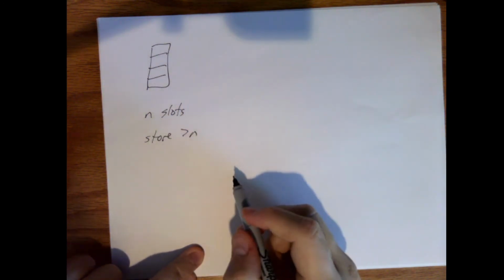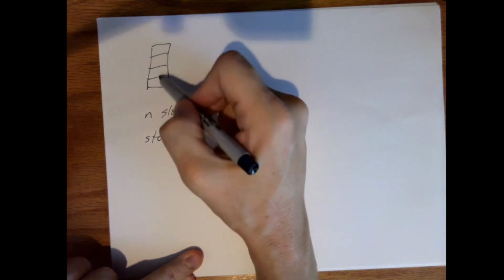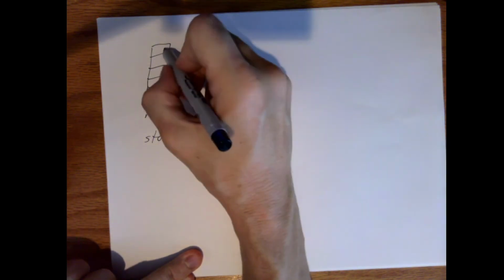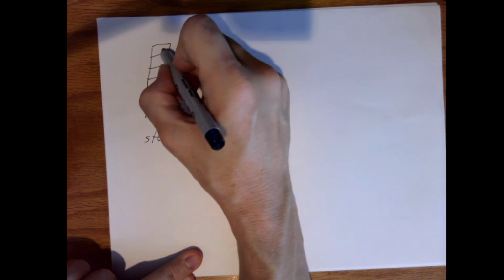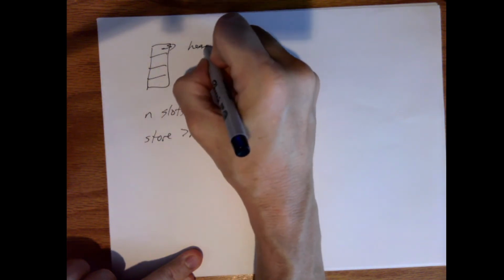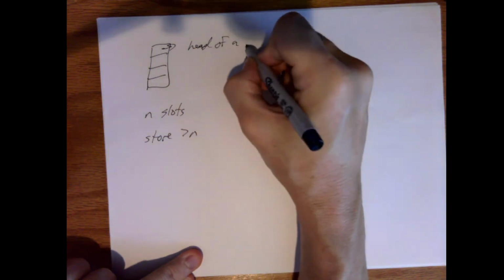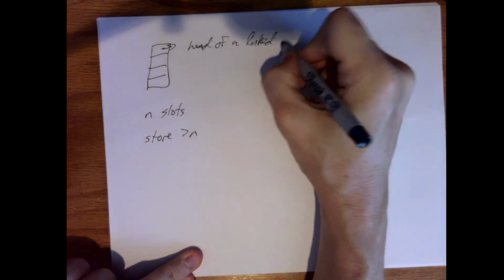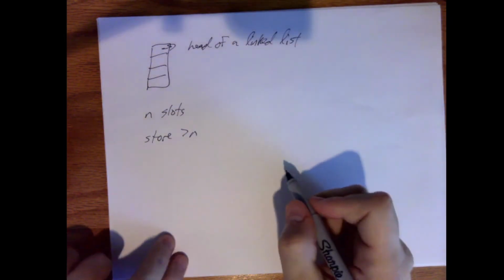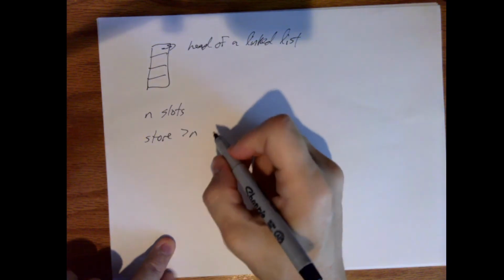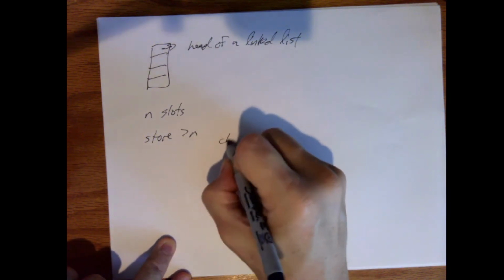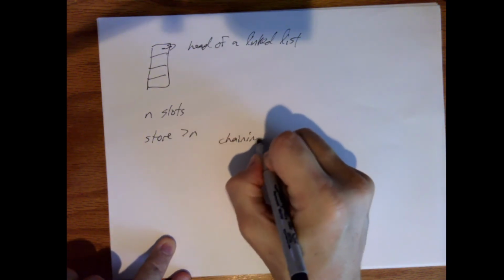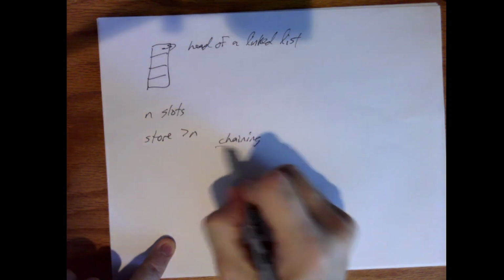How do I deal with it? Instead of storing the things here in these slots, I'm going to make each of these slots be the head of a linked list. And so this solution is called chaining. So I'm resolving the collisions with chaining.